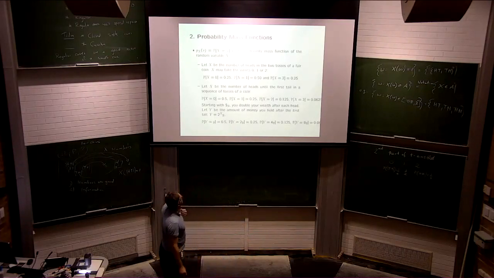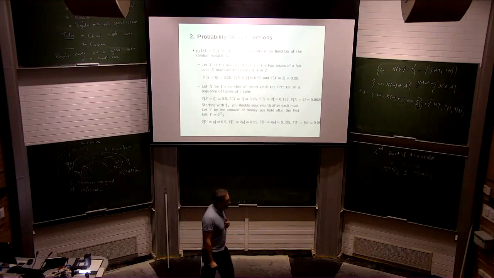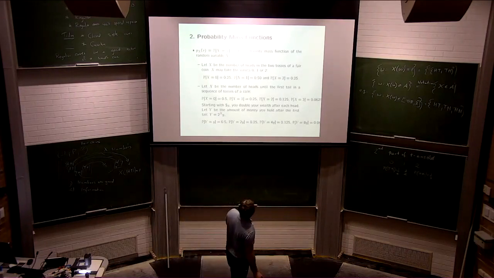You can do the computation. If I'm waiting until the first tail, either I'm lucky and tail comes very soon. In that case, I stop there. I do not observe any head. And this happens with probability 1/2. Tail right away. Or tail as a second outcome, and head in the first one, of course, because I would have stopped otherwise.